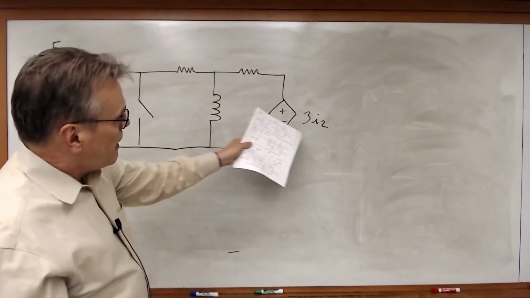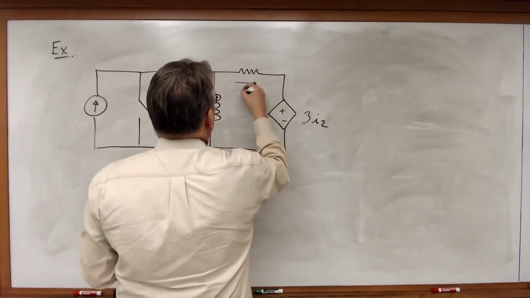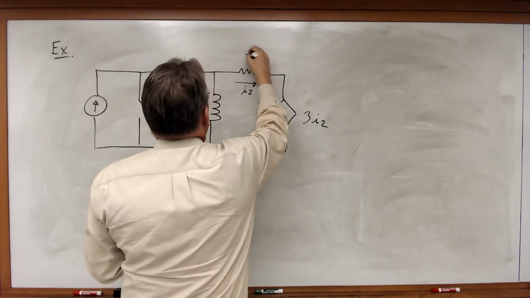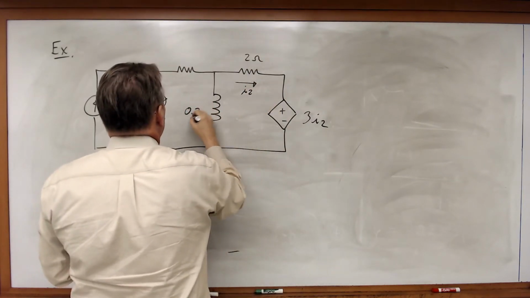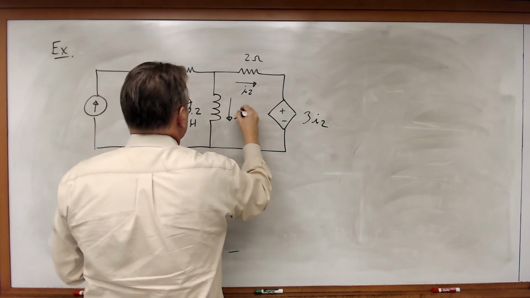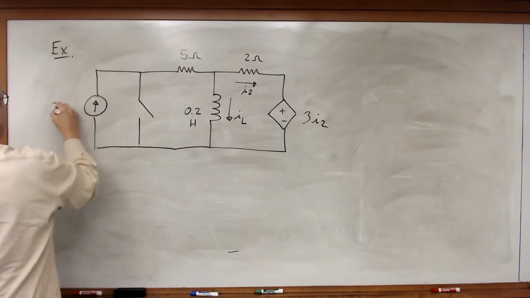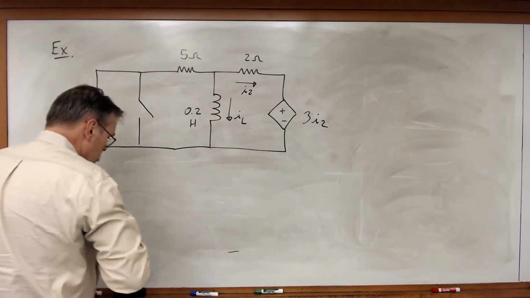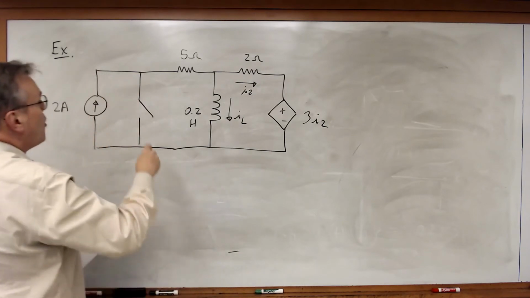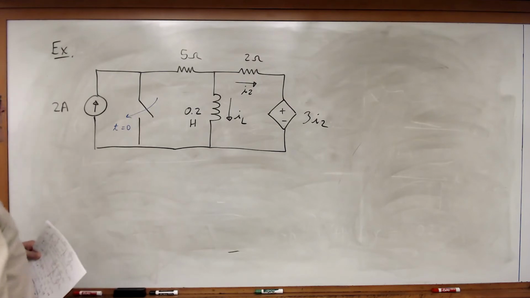So here we have a current-controlled voltage source controlled by this current I2 through a 2 ohm resistor. I've got a 0.2 Henry inductor, current I sub L, 5 ohm resistor, 2 amp source, and in this case I have a switch that is open but closes at t equals 0 seconds.